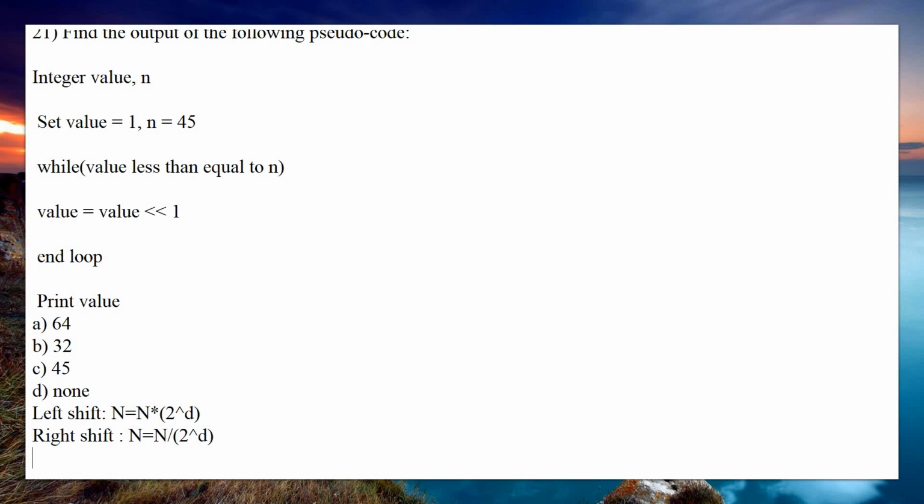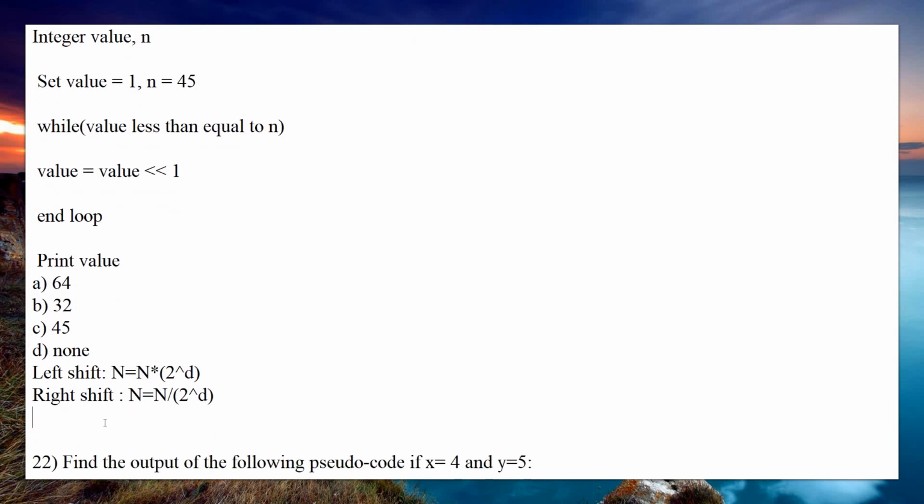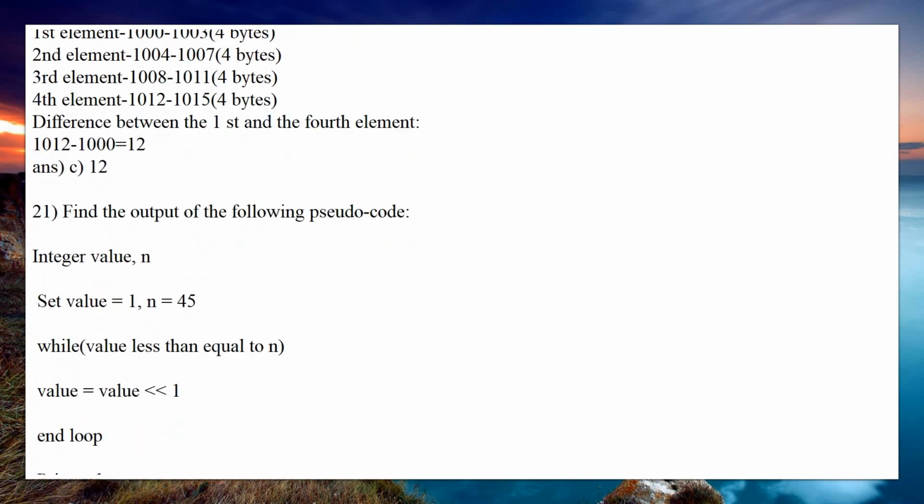So initially we are performing left shift, which is nothing but 45 into 2 raised to d. D is one, since you are going to perform it one time, so it will be 45 into 2, which will be 90.